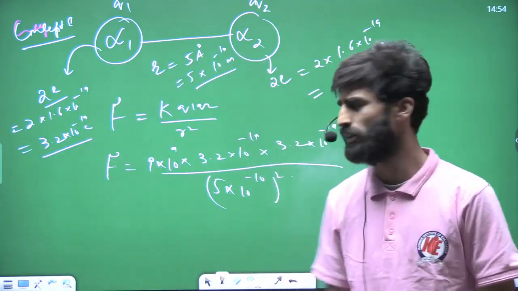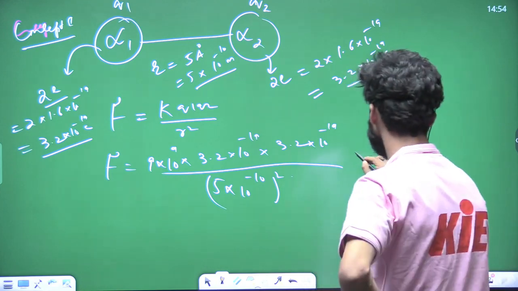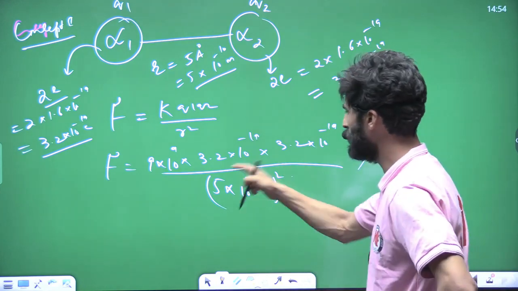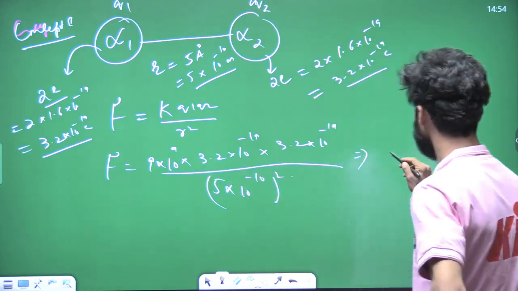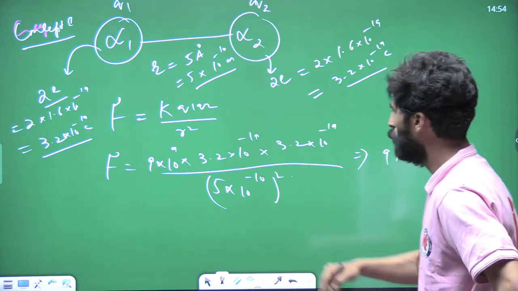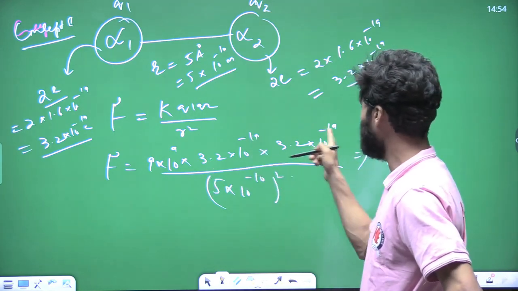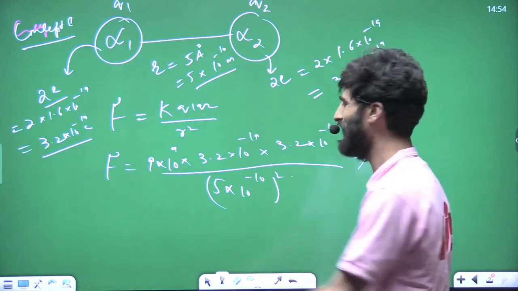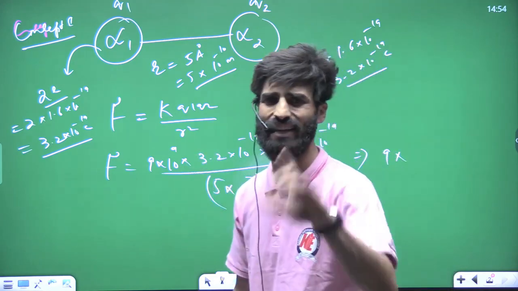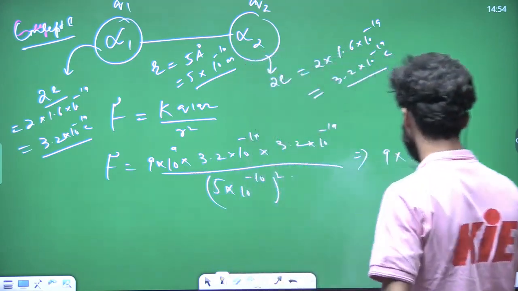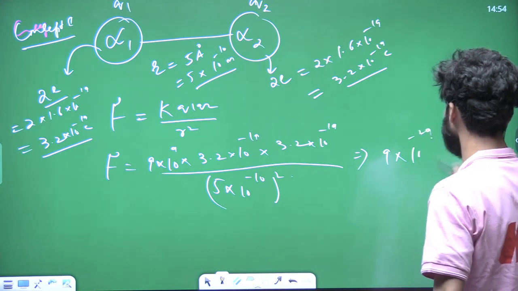Is it clear? Great. Now see here, it is going to be 9 into 10 the power minus 19, that is minus 38, and subtracting 9 from it, that's going to be minus 29. So it is going to be 10 the power minus 29.